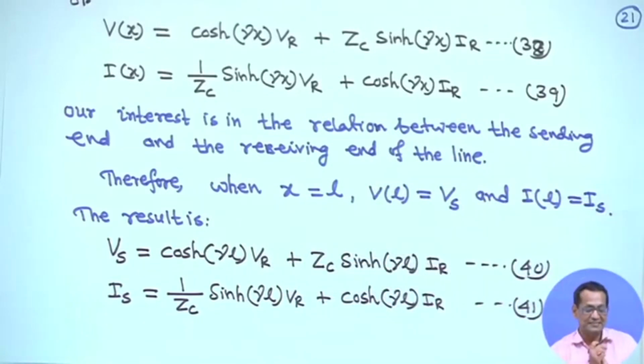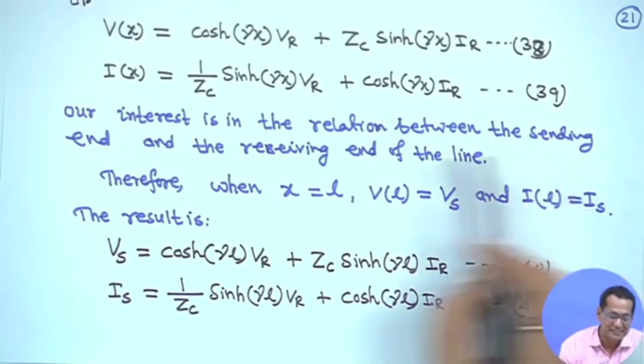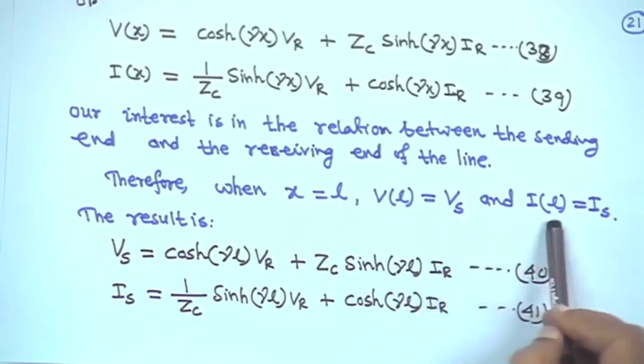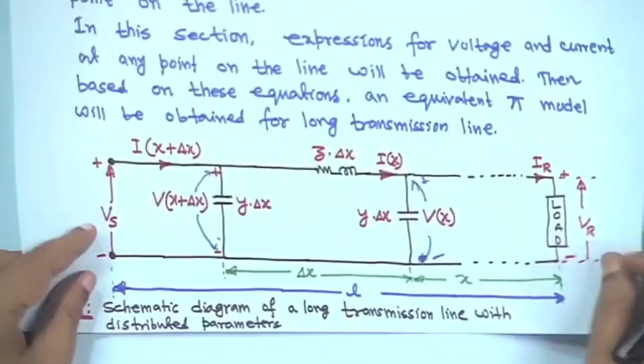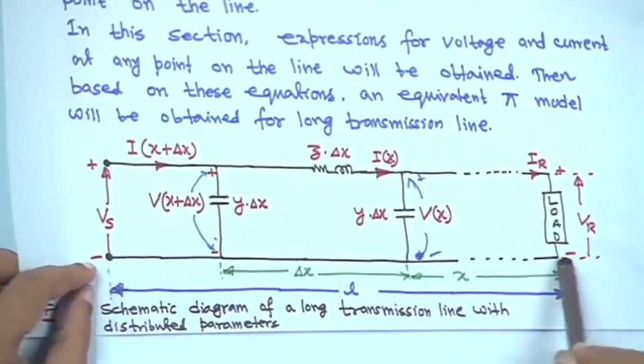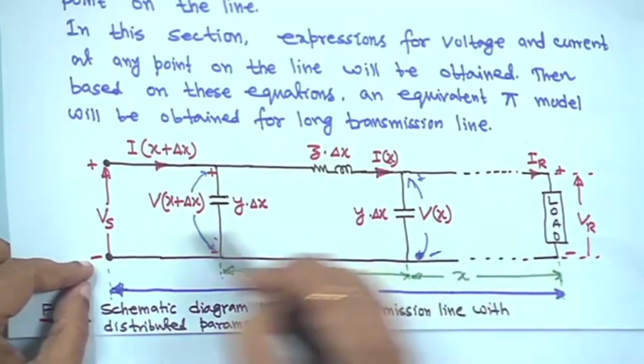But our interest is the relation between the sending end and receiving end of the line. Therefore, when x is equal to L, V L is equal to V s and I L is equal to I s. So, distance is measured from here, this is the total line length L. Distance is measured from the receiving end to the sending end.